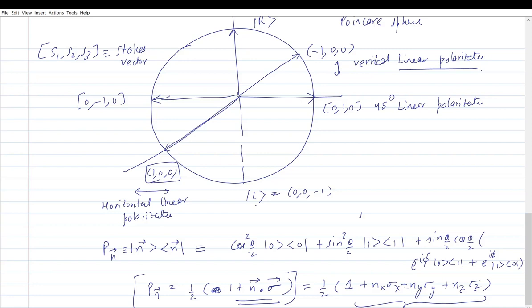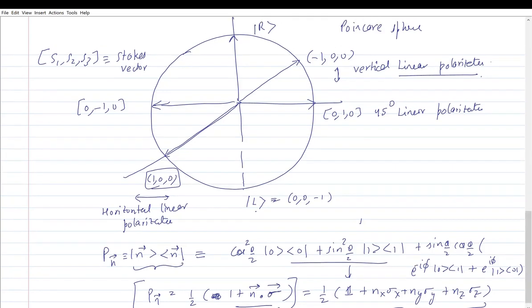Sigma are the Pauli matrices. So this is a shorthand notation of writing a projector in this particular form. That's just evaluated by the outer product here. Expanding this guy. This is just math. There's no deep concepts out here.